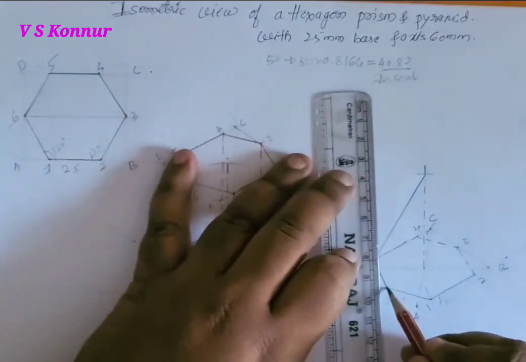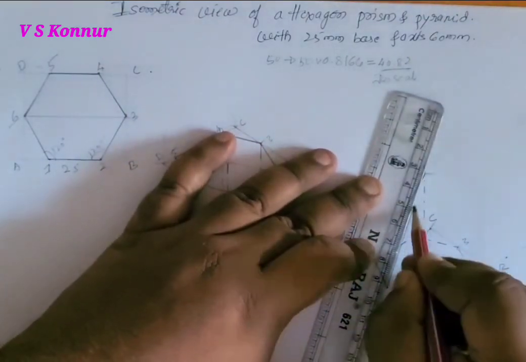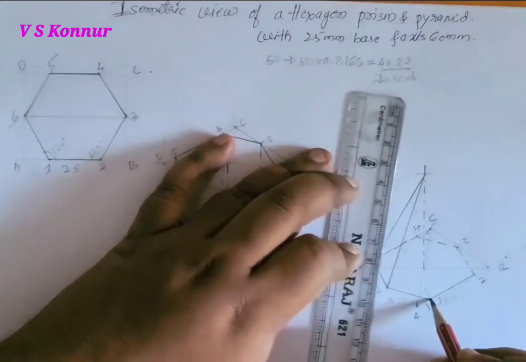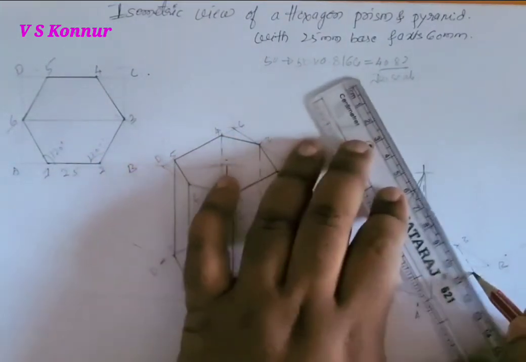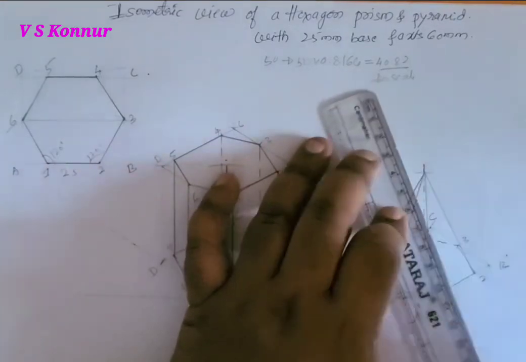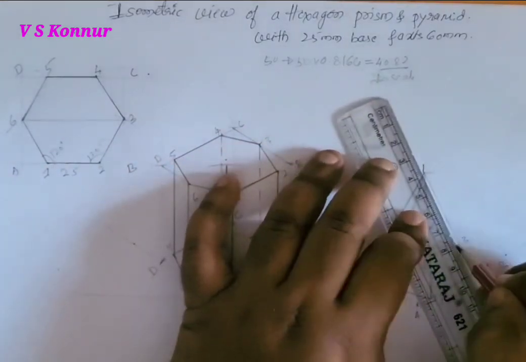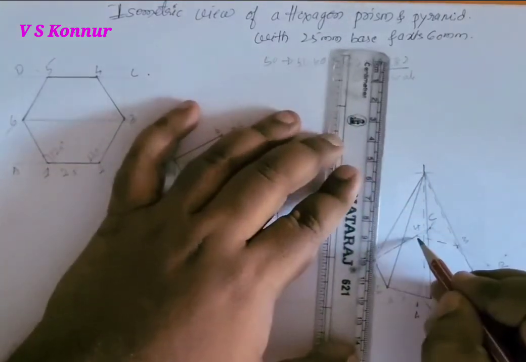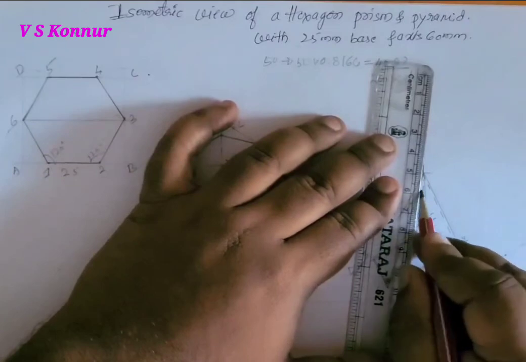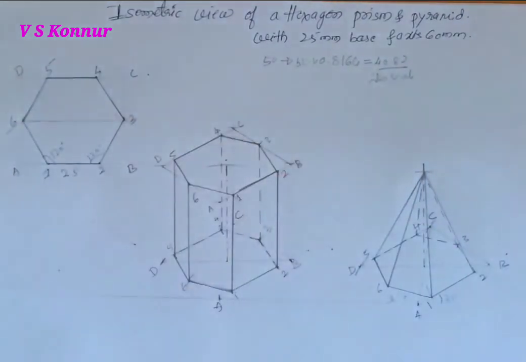Those which are outside, we'll join with a dark line. Which are visible, and which are not visible, we'll make dash. So 3, 4 are not visible, so I have made it dash. This is the isometric projection of a hexagonal prism and pyramid.